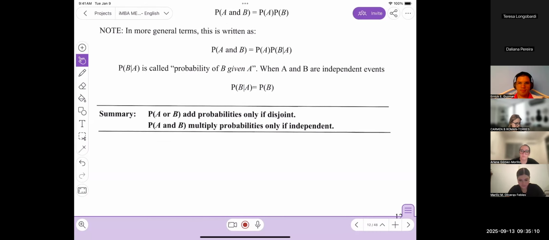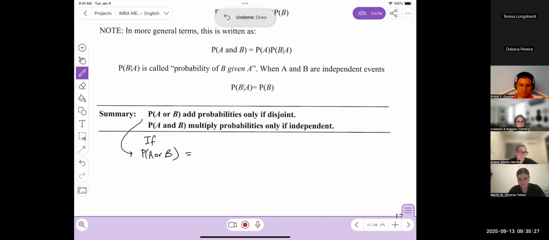So what do you do? What is probability A or B if A and B are not disjoint? So in other words, they're overlapping.